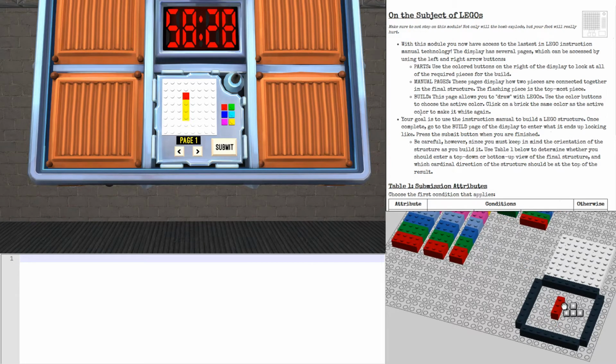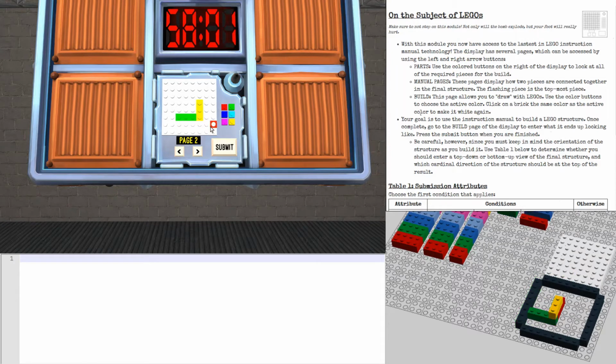And I'm going to put the yellow one on top of it. There we go. This is the position it's in. Second page. Now this one shows you that the yellow one is also on top of a green one, which means that the green one is underneath the yellow. So let's put the green, which is a 4x1, underneath the yellow.